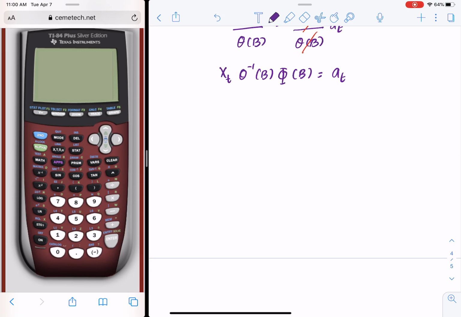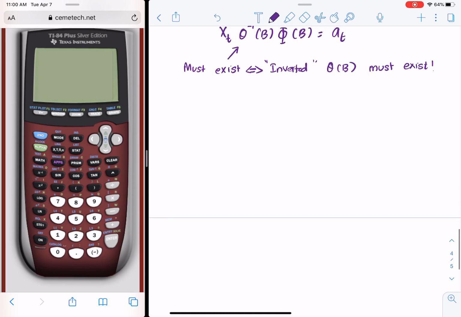So in other words, that part must exist. The inverted theta B must exist. So the second condition is called invertibility.